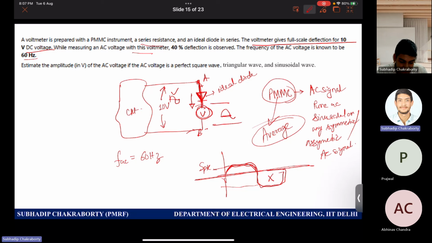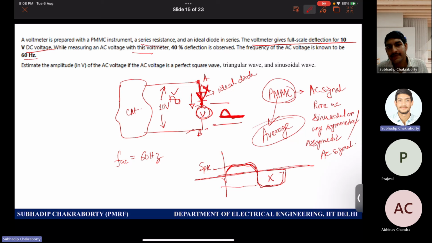But once you have the negative lobe, this diode becomes open circuit because it does not allow the flow of current or establishment of the path for the negative half. So if this terminal is open, the voltmeter is not connected properly to point A. Hence it measures 0. Agreed or not?